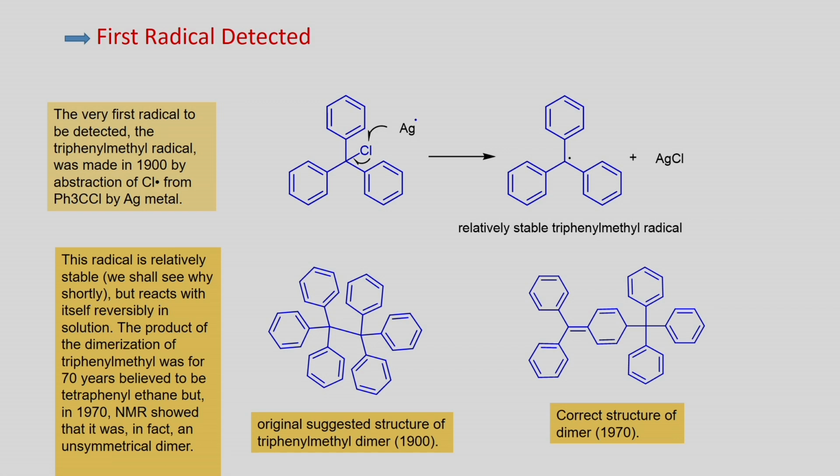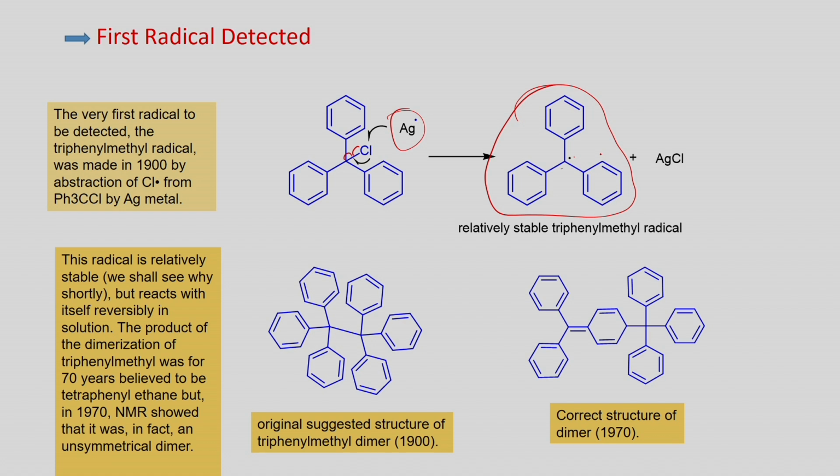Here an example is shown. This is the first free radical. When you react this triphenylmethyl chloride with silver, this bond undergoes homolytic cleavage, and you will be able to form this triphenylmethyl radical.